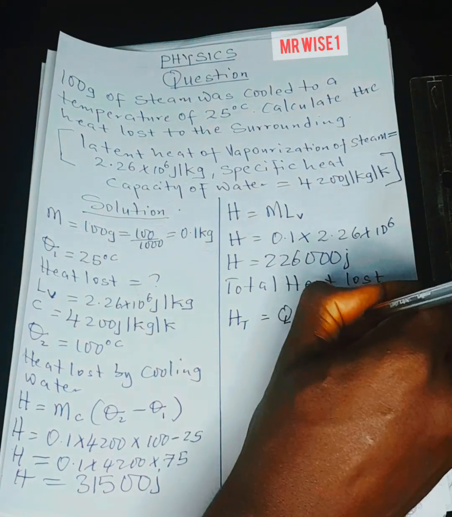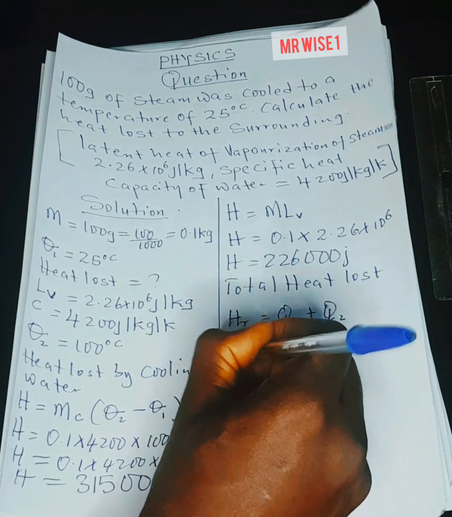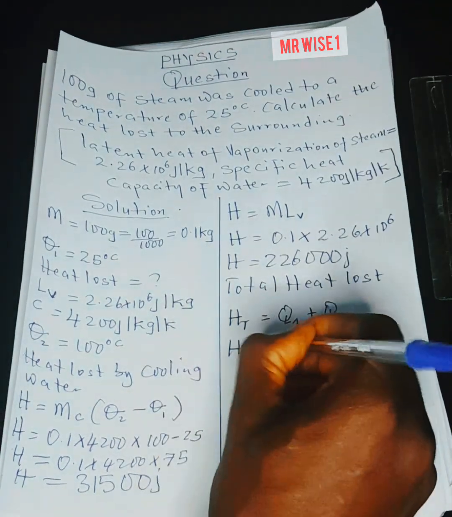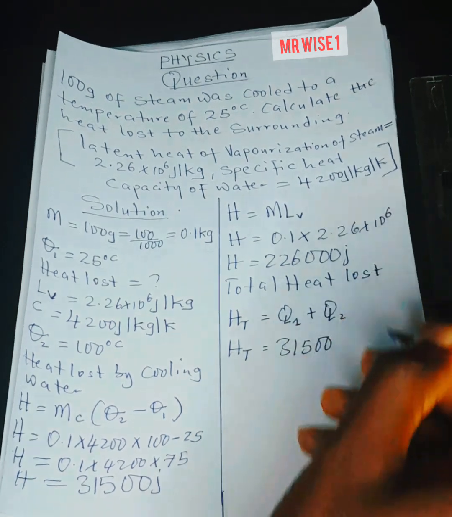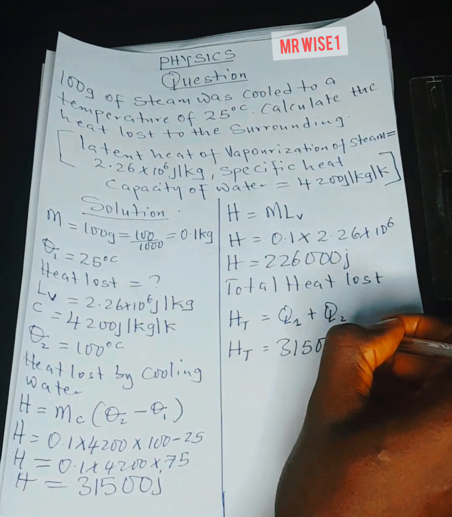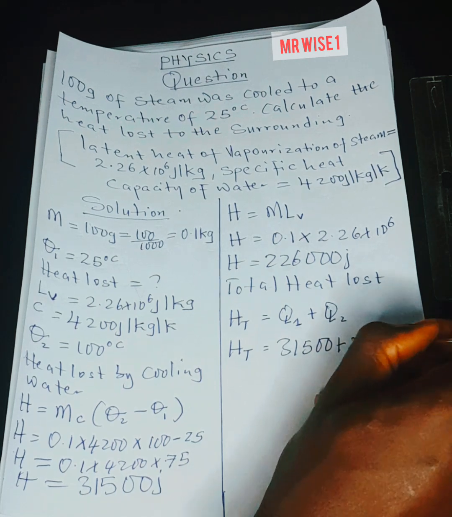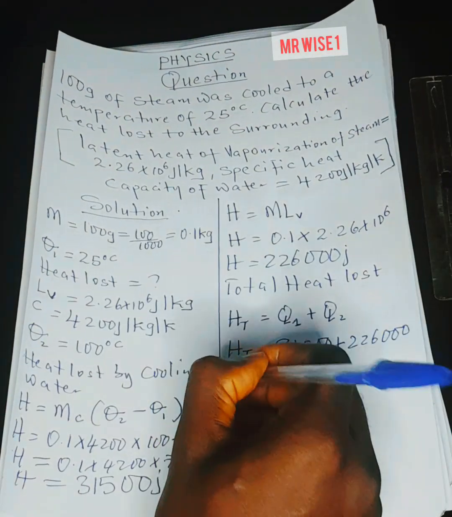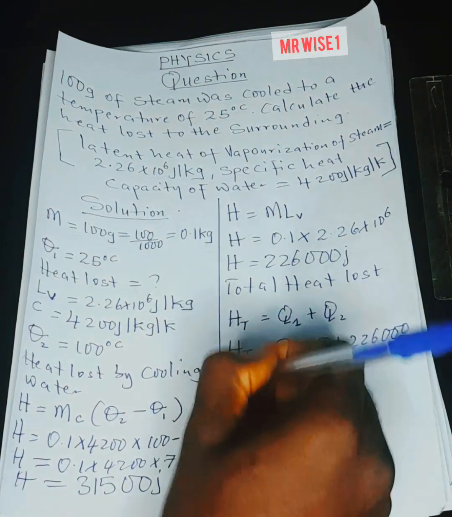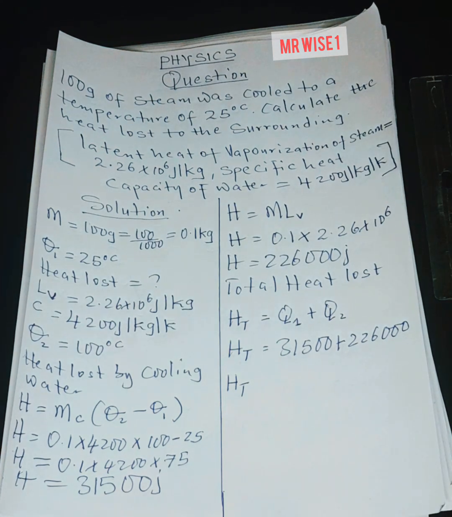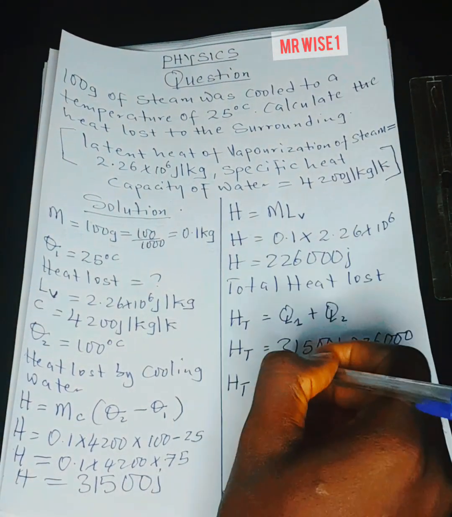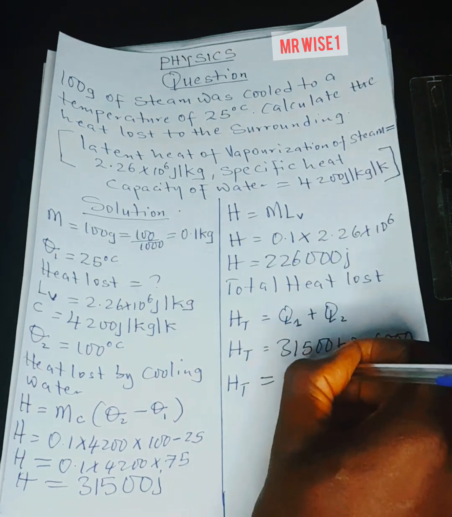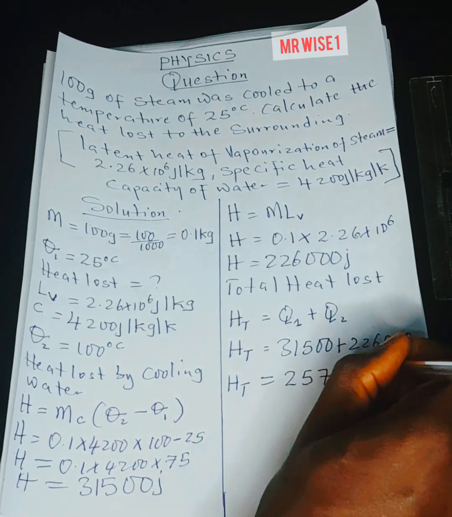So my HT is equal to my Q1, 31,500, plus my Q2, 226,000. So 226,000 plus 31,500, I'll have my HT, which is my total heat lost, as 257,500 joule.